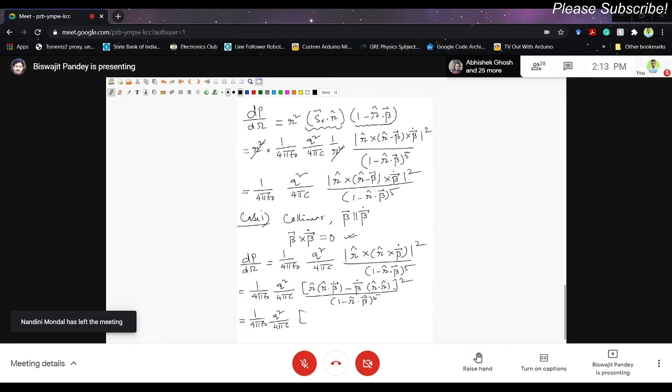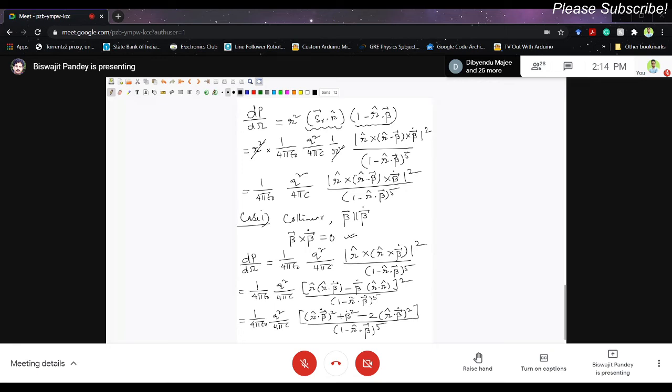So that will give us (r cap dot beta dot) square, because that will give again r cap dot r cap, which is 1, plus this one is already 1, so this will be plus beta dot square, and then minus 2ab. 2ab is 2, we have an r cap dot beta dot already there, and another r cap dot beta dot will appear here. r cap dot r cap is 1, so twice (r cap dot beta dot) square, divided by (1 minus r cap dot beta) whole to the power 5.